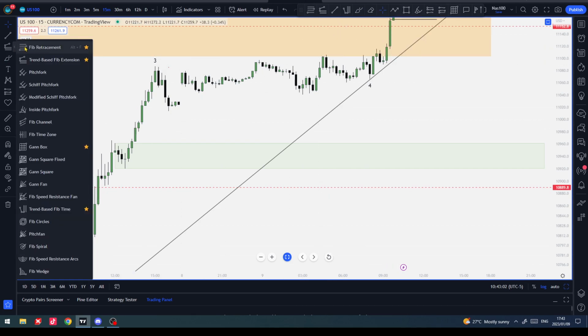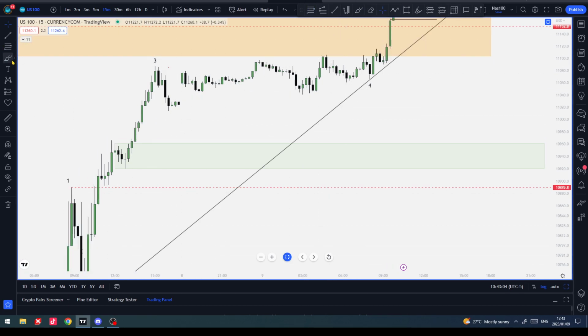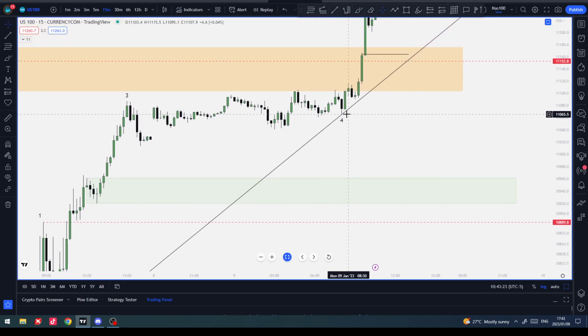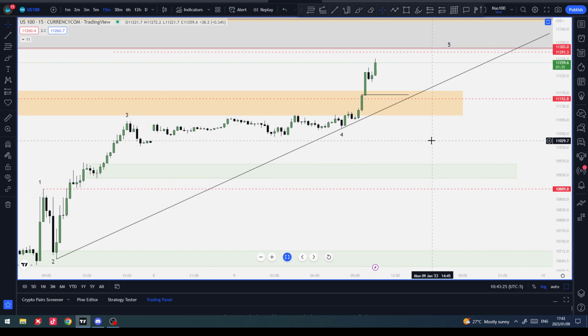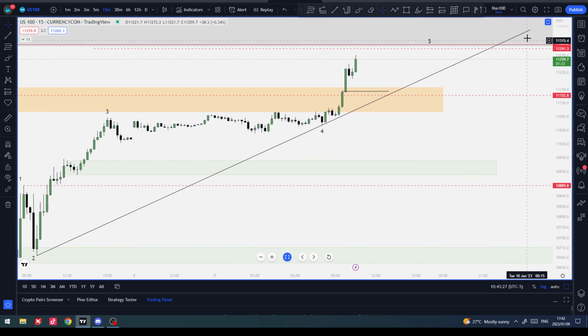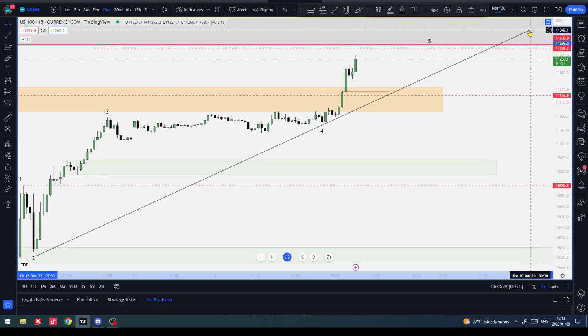Even though I wanted to see wave 4 come down to somewhere here into this order block and then pop up for wave 5, the fact that wave 4 was upward trending and maybe some sort of flat or looks like a triangle A, B, C, D, E, that means wave 4 ended here. So if we took a 2-4 trend line on that wave 4 that I say it is, let's just get this.